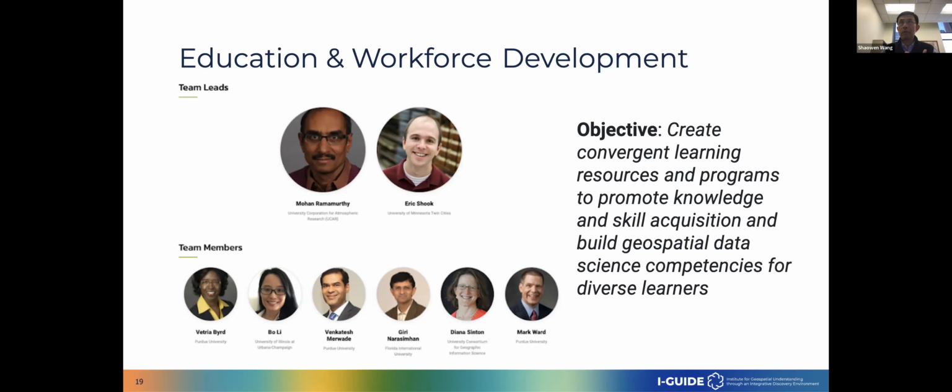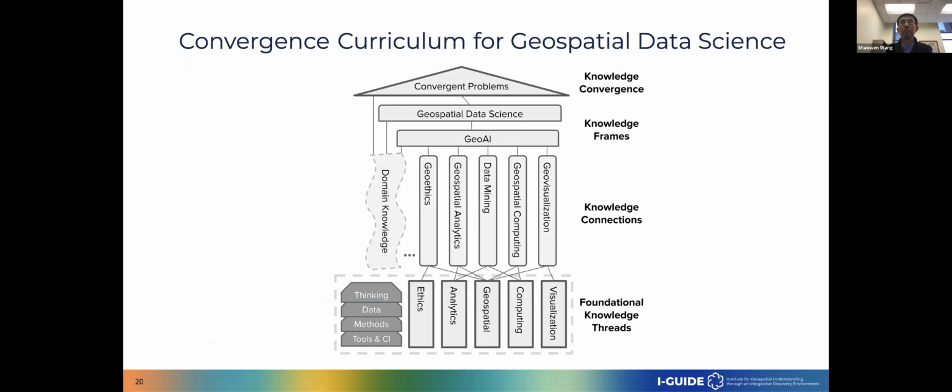The objective is to create convergent learning resources and programs to promote knowledge and skill acquisition and build geospatial data science competencies for diverse learners. So this is going to be the very focus of the webinar, starting from a few slides later here. So I would not go into the details, and Eric has quite a bit of materials elaborating this structure and the framework.